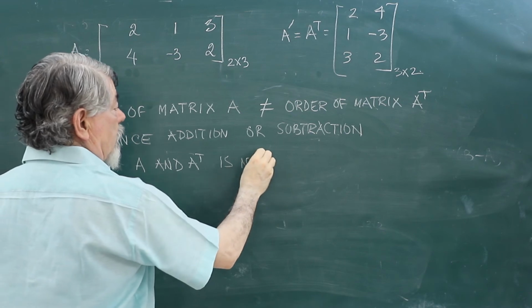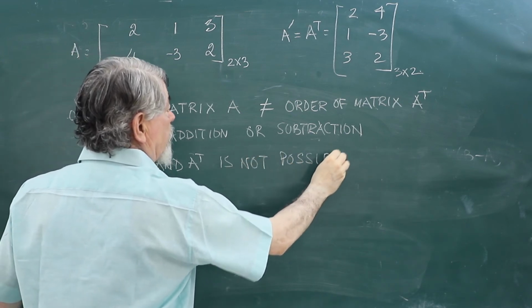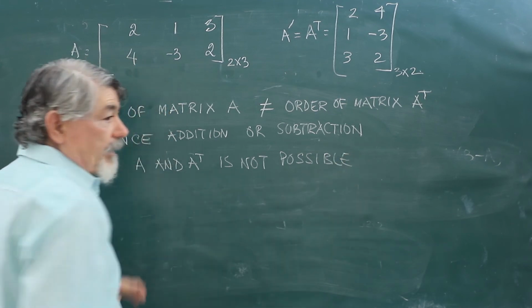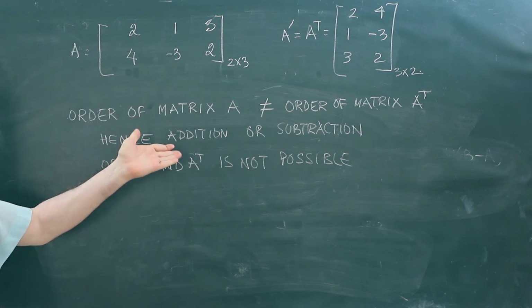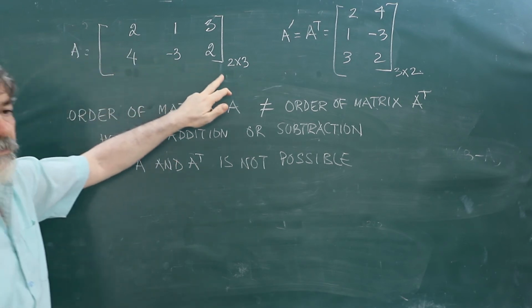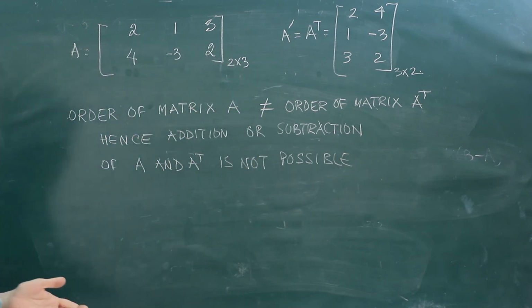It is not possible because we told you that 2 matrices can be added or subtracted if they are of the same order. Here the order is 2 into 3. Here the order is 3 into 2. That is why the matrices cannot be added or subtracted.